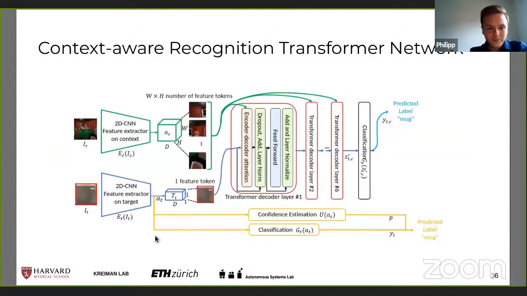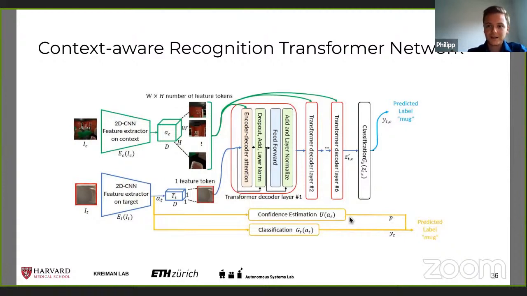The way we went about that is to add a second prediction here, right after the encoding stage of the target stream. So this classifier over here only has access to the target object features. It does not have access to the context stream. And along with this classification that is only based on target information, we also predict a confidence value.